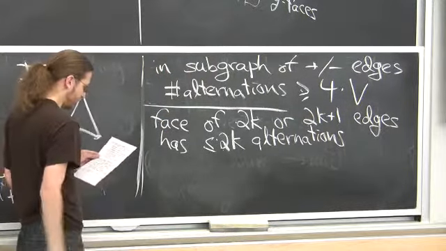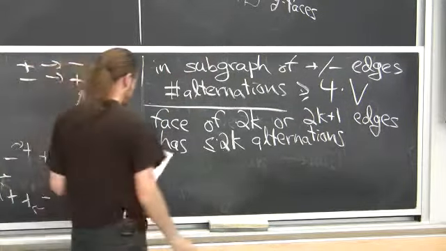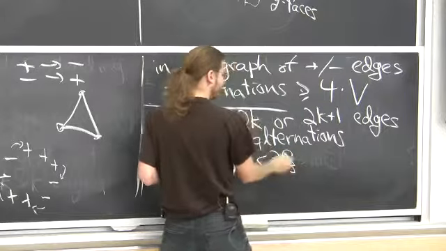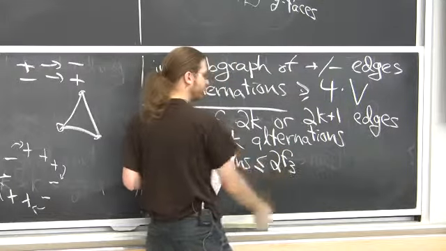Because now we can talk about the number of alternations is at most 2 times the number of triangles. F sub 3 is going to be the number of faces of degree 3.